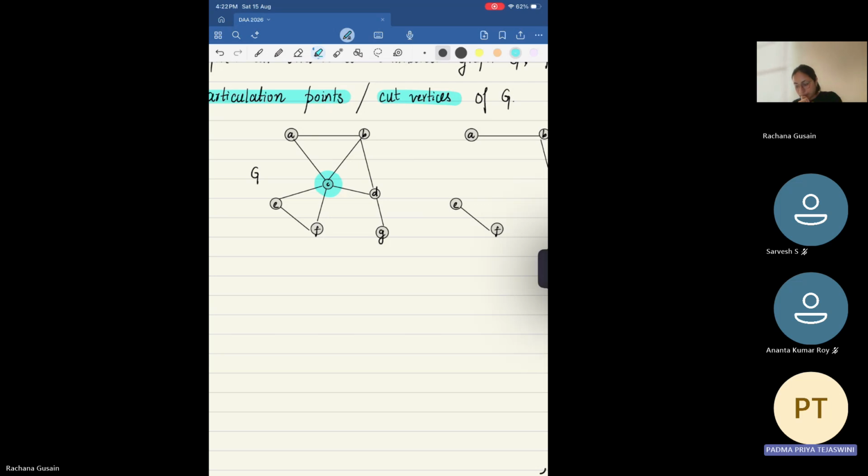Also, we can take D, and now C. D is not C and D. So C is the cut vertex.